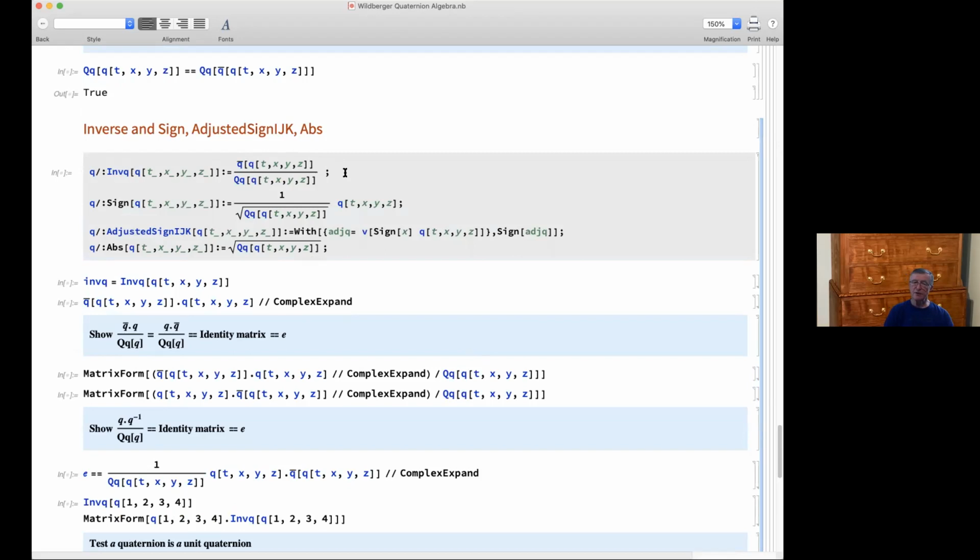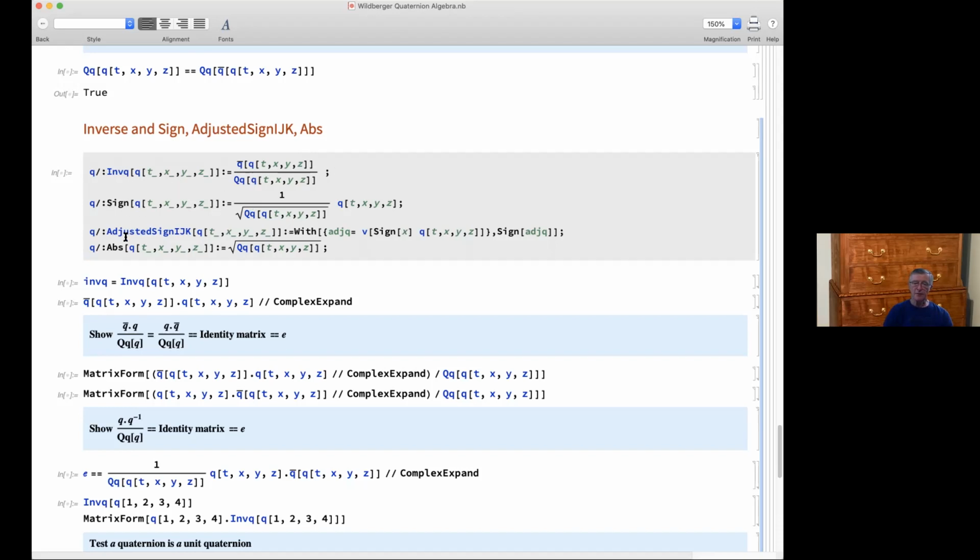Because we have a matrix representation, and we have the conjugate times a quaternion, we can use the quadrants feature to identify an inverse. So we identify the inverse of a quaternion as its conjugate divided by its quadrants. And you'll see that this turns out to be, in fact, the inverse.